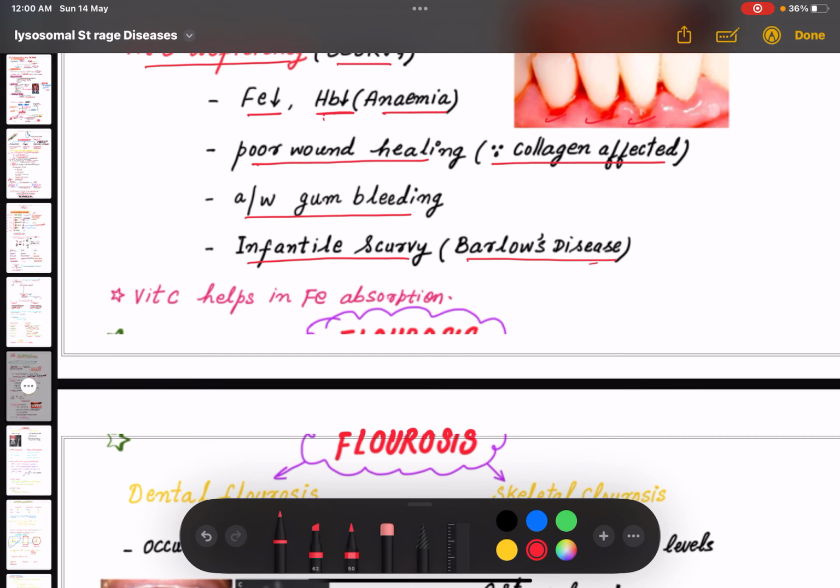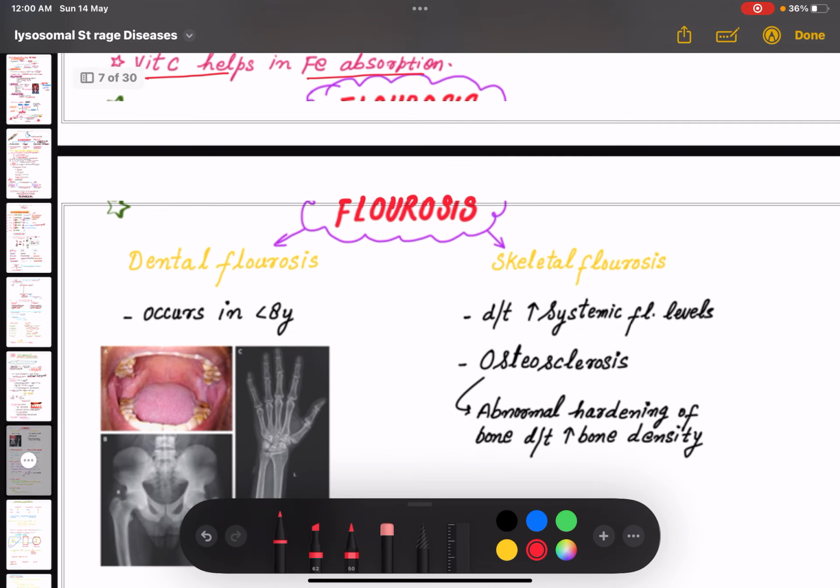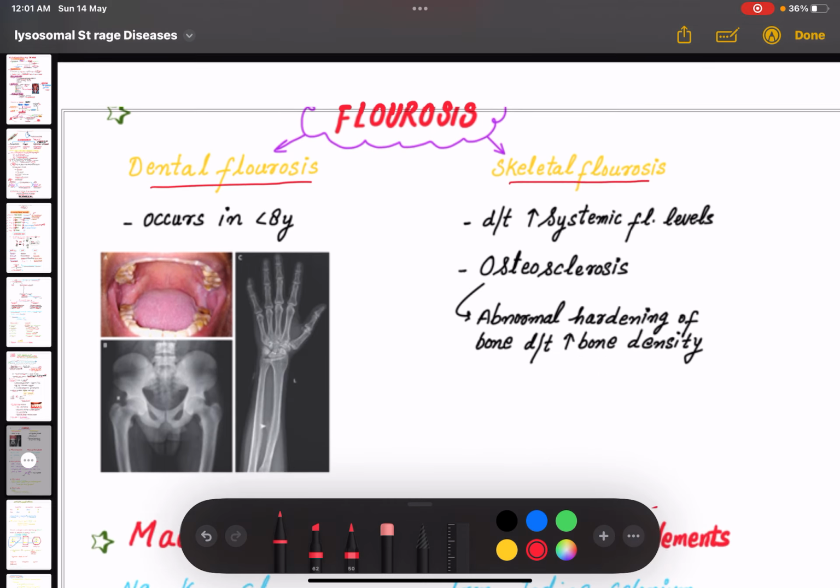Also remember, I have told you that vitamin C helps in iron absorption. Another condition is fluorosis. There are two types of fluorosis. The first one is dental fluorosis. Another one is skeletal fluorosis. Dental fluorosis occurs in those less than 8 years of age, and skeletal fluorosis is due to increased systemic levels of fluoride.